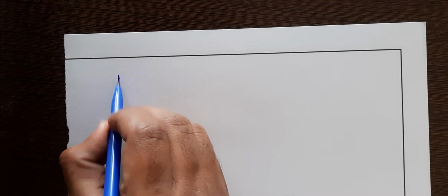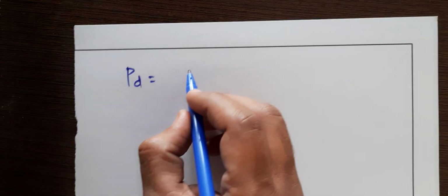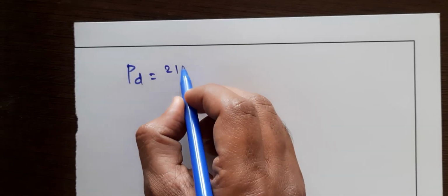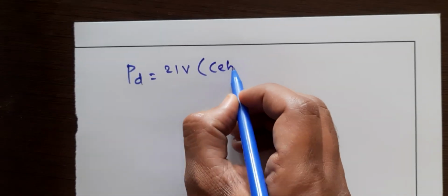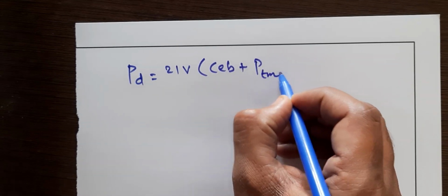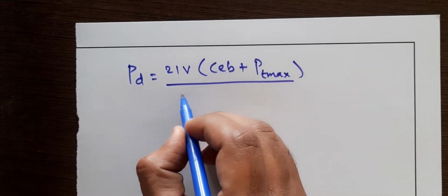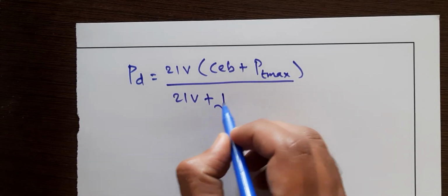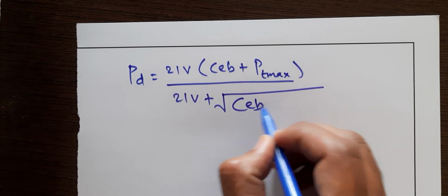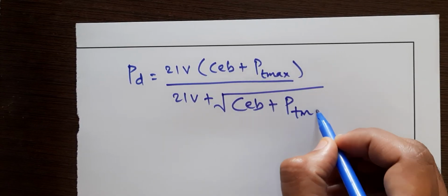So PD is equal to 21V CEB plus PT max, divided by 21V plus under root CEB plus PT max.